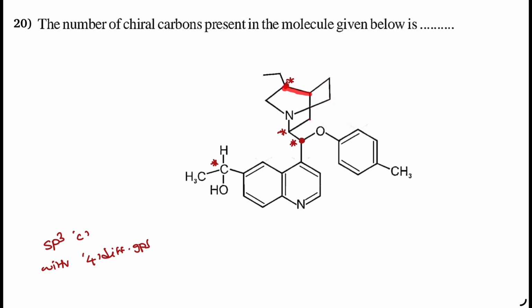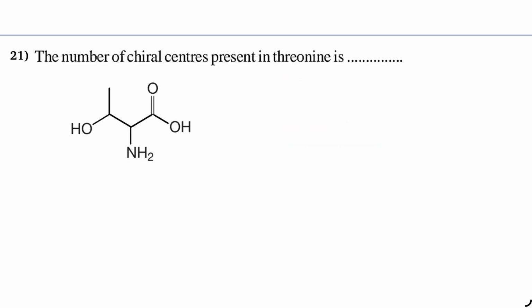Here this group is different because it is not CH2, it is CH with an ethyl group. So this is different, this is different. This is also different because it is CH2. After that it is connected like this, and another one is hydrogen. So this is also chiral. So ultimately 1, 2, 3, 4, 5. So let us move on to the next question.